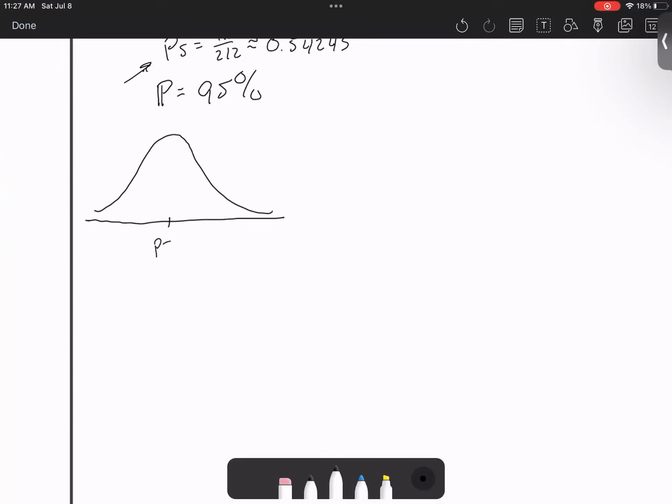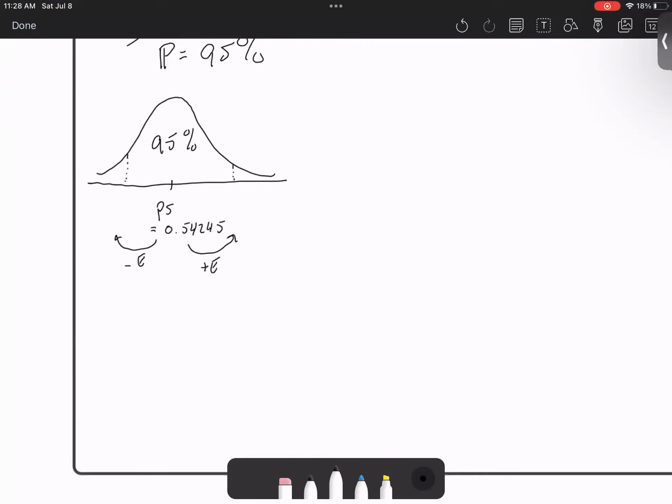So we're going to center that curve at P sub S, or 0.54245. And we want to move to the right and to the left until we have 95% probability. And we call this the margin of error. So we need to figure out how far we need to move until we collect 95% of our probability.